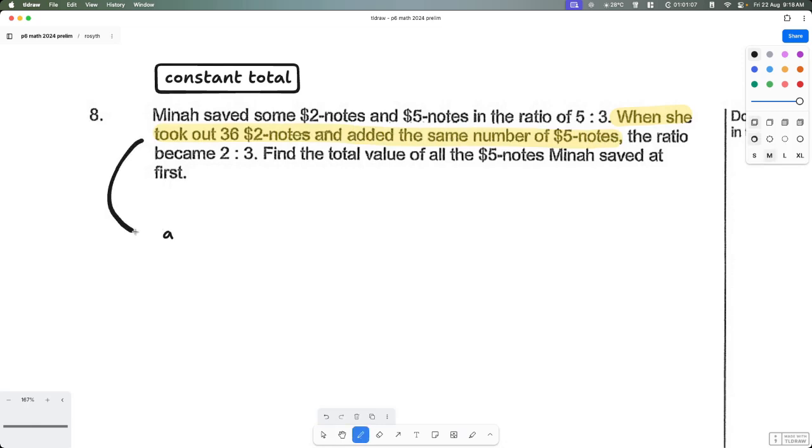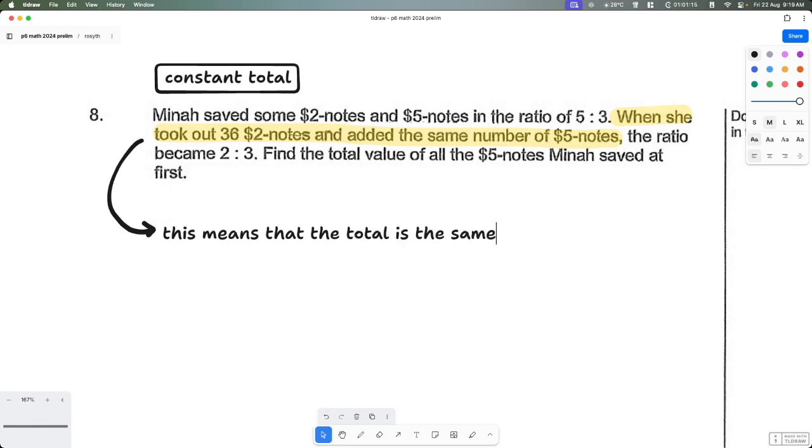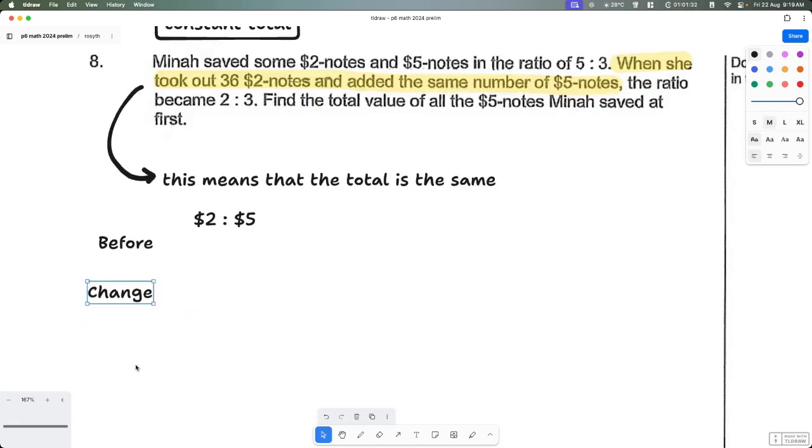that means the total is the same. So if you were to draw $2 to $5, we have the before, and then we have the change, and we have the after, like this.